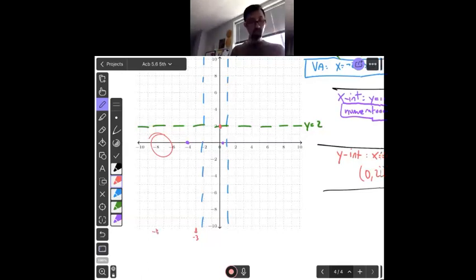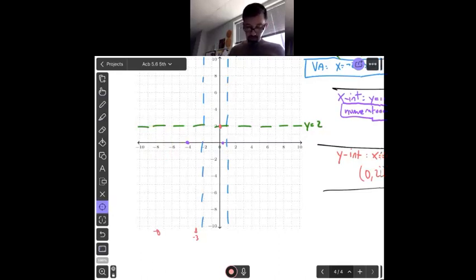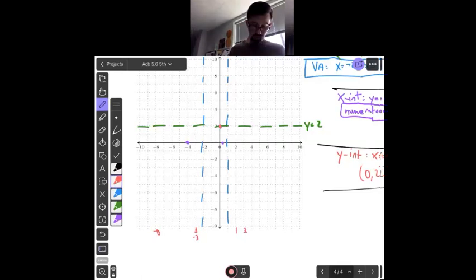Flipping over to the right side, our asymptote's at 1, so 2 would be a good number to have, and 3 would be a good number to have. So I'm going to plug in 2, I'm going to plug in 3. Then I'm going to pick something further away, like 6.